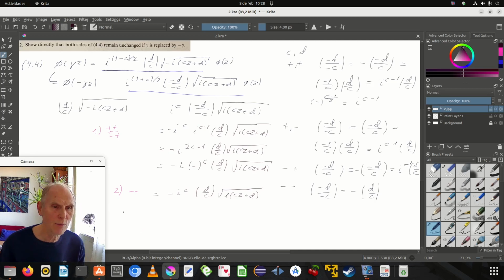If we take case 1, these give unity when squared, so it's minus 1.